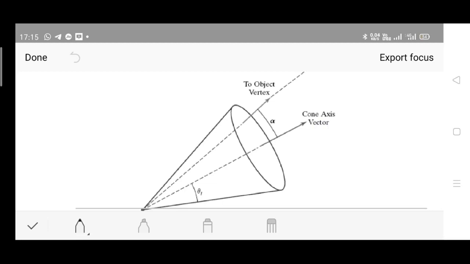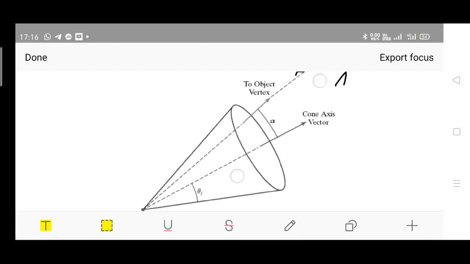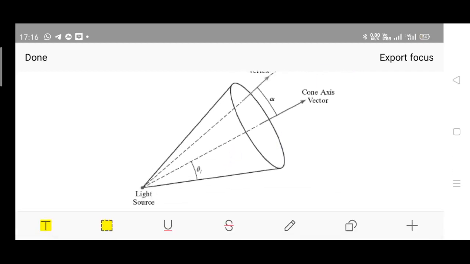One more vector is taken to the object, one of the points of the object, drawn from the light source, and the angular displacement between the midpoint line and the vector representing the object is marked as alpha. You can find that in this particular diagram.